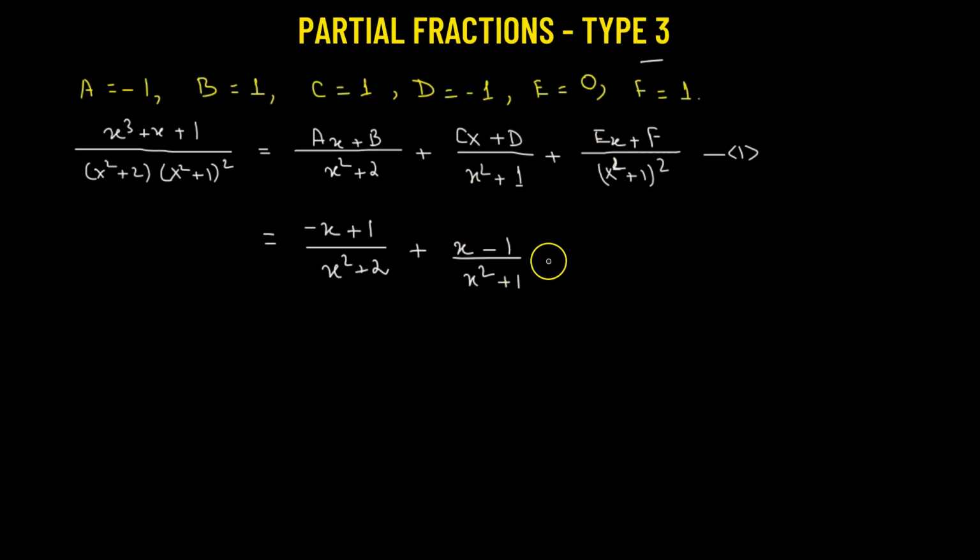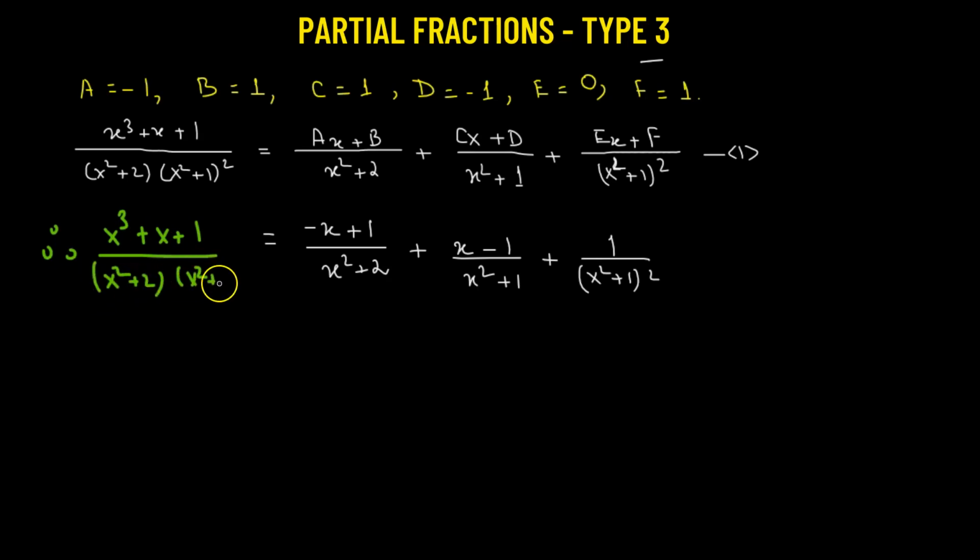Then we have the next partial fraction. Here the value of e is 0, but the value of f is positive 1, so we have 1 over x squared plus 1 whole squared. So this is how we can convert the given rational fraction, which is x cubed plus x plus 1 divided by x squared plus 2 multiplied by x squared plus 1 whole squared, into 3 partial fractions. So this is the required partial fractions.